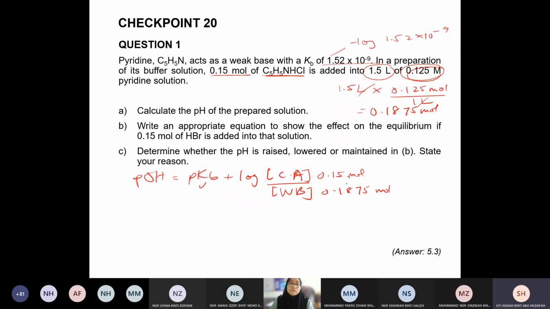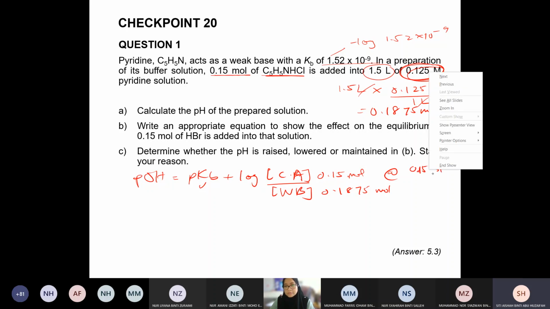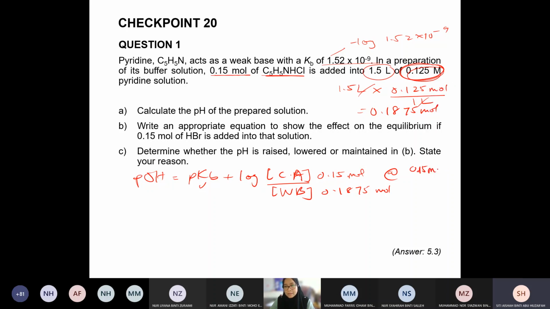If you decide to use mole, okay. Kalau you tak nak guna mole, alternatively you kena conjugate acid 0.15 mole, and atas ni you kena divide by 1.5 liter. Bawah ni value dia you boleh pakai 0.125 molar, sebab ni you nak cari molarity dia.